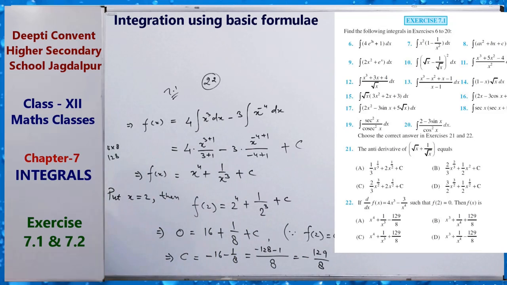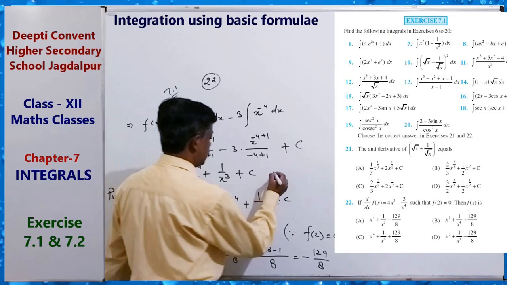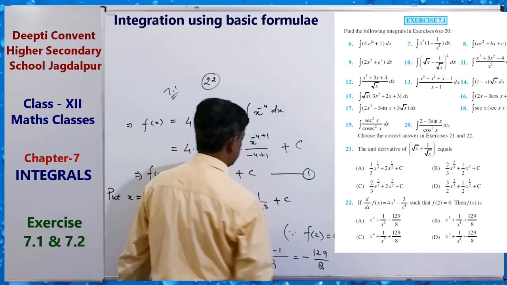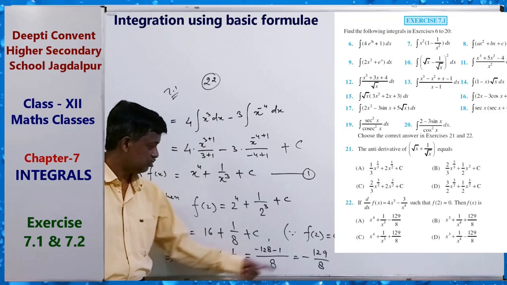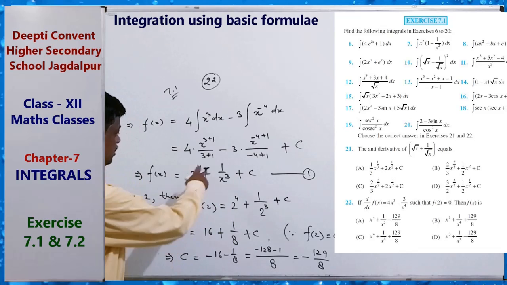So c equals minus 129 upon 8. So finally we can get the value of the function by putting c equals minus 129 by 8 in equation 1.